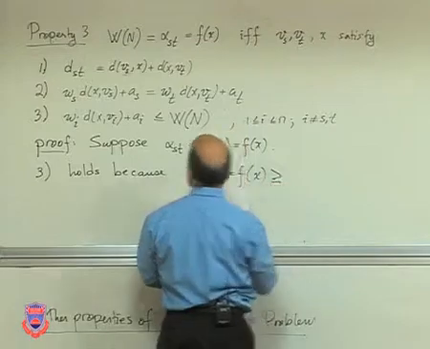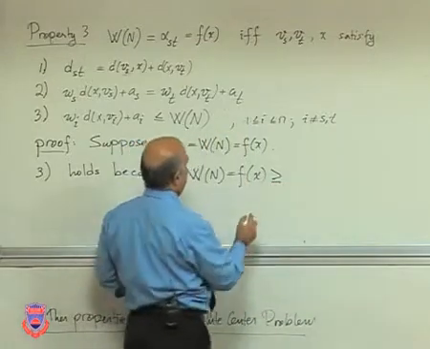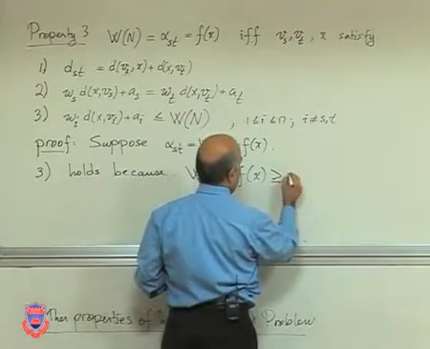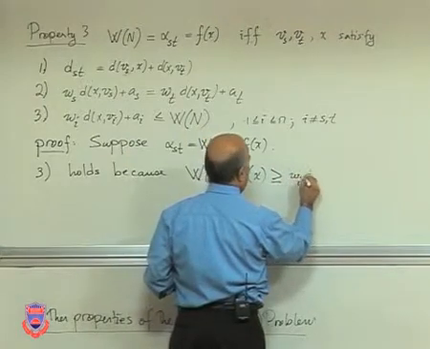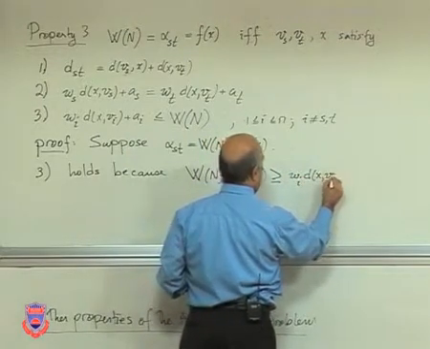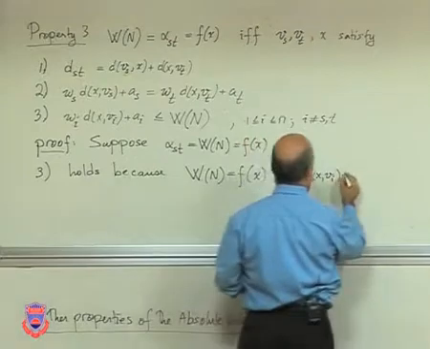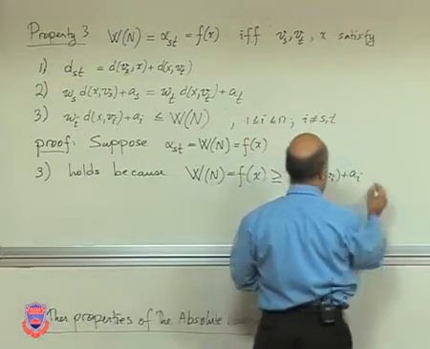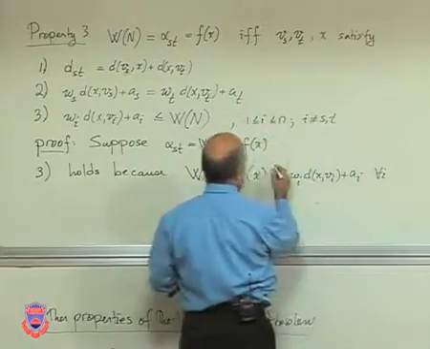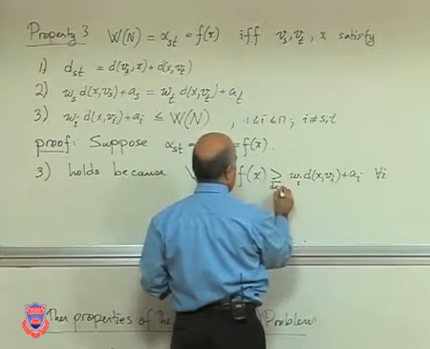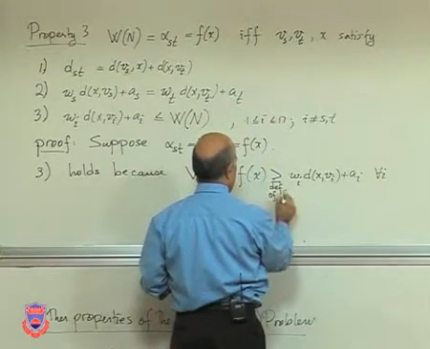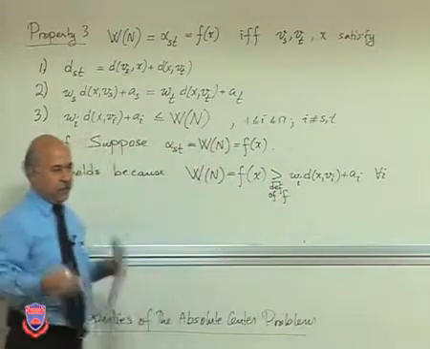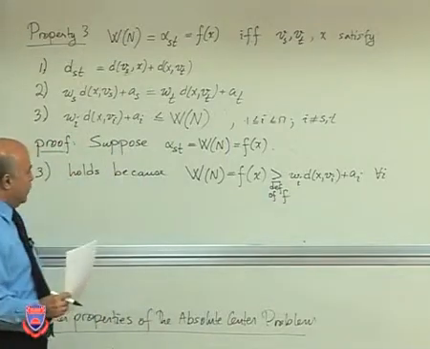And f of x is certainly greater or equal to wi dx vi plus ai for all i. This is from the definition of f. F of x is the maximum of those quantities, so it is greater or equal.